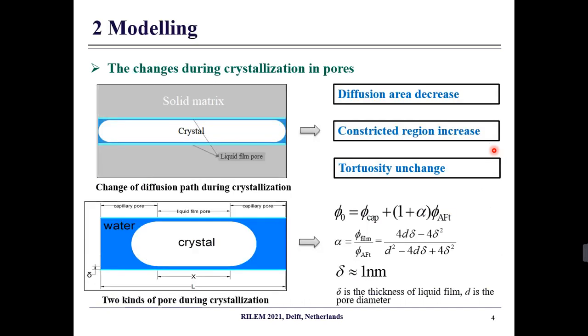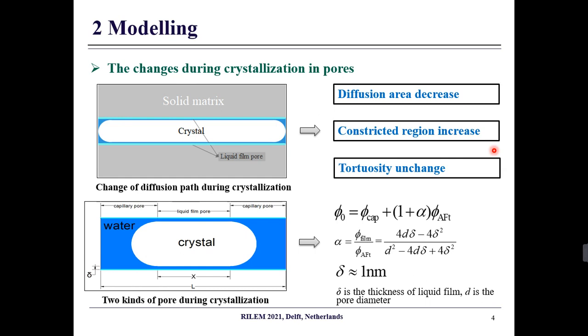Obviously, the decrease of diffusivity is induced by crystals in pores, so let's focus on what happened to pores during crystallization. Due to volume increase, the crystals replace the water to occupy pore space, but this substitution is not complete. There's a thin liquid water film lying between crystal and pore wall due to surface energy.